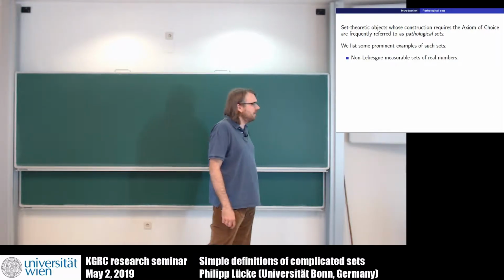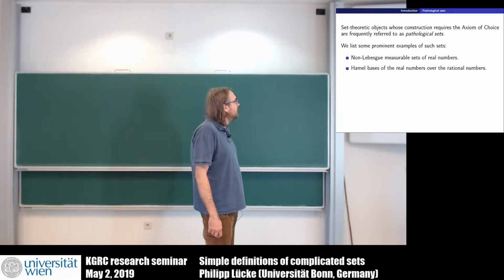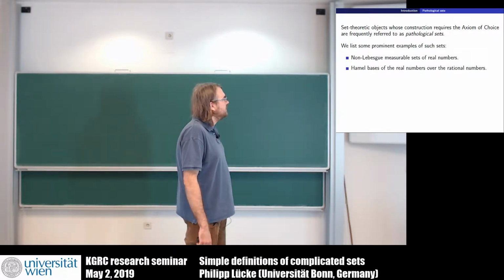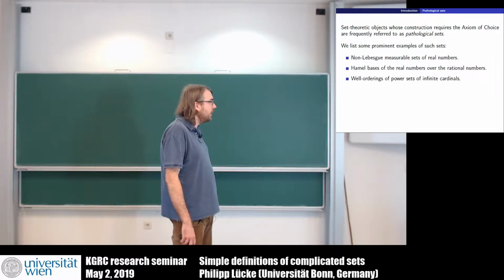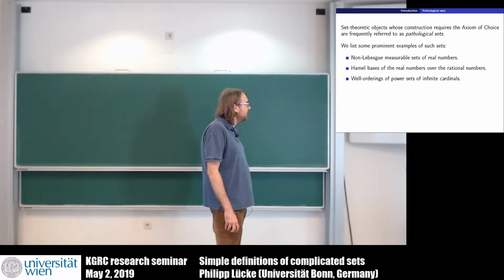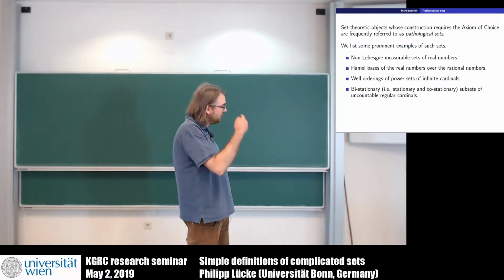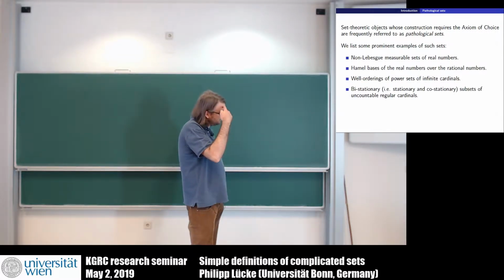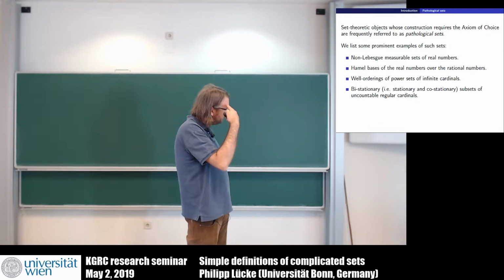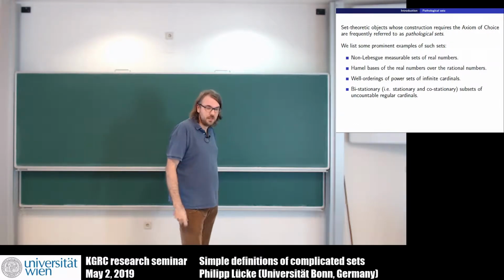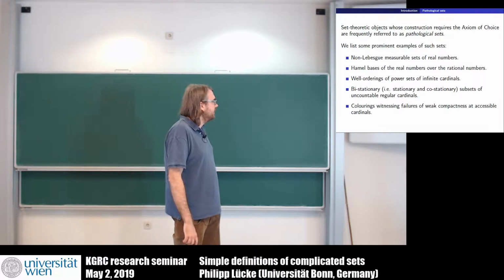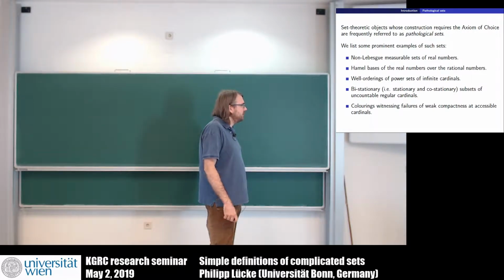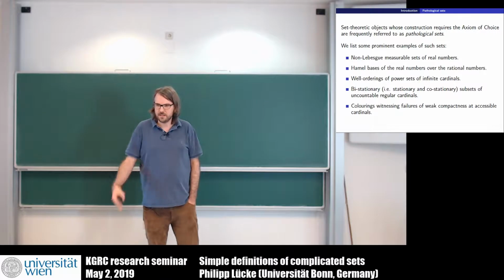Examples are non-Lebesgue measurable sets of reals, Q bases of the real numbers, well orderings of power sets of infinite cardinals, bistationary subsets of uncountable regular cardinals, so stationary and co-stationary subsets, and colorings witnessing failures of weak compactness at, say, accessible cardinals.